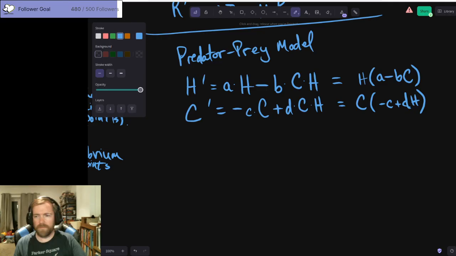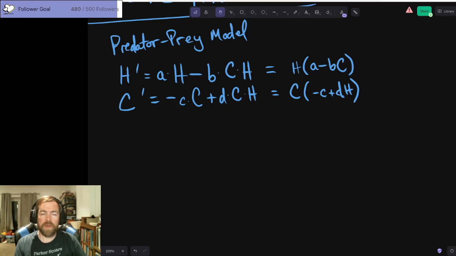Right, so that's sort of an exponential growth decay model. So it incorporates both.